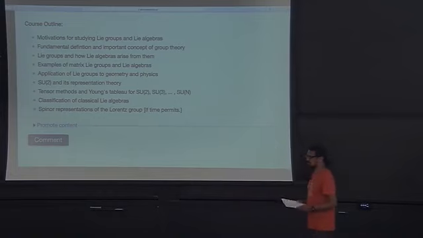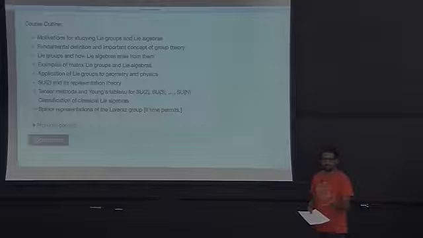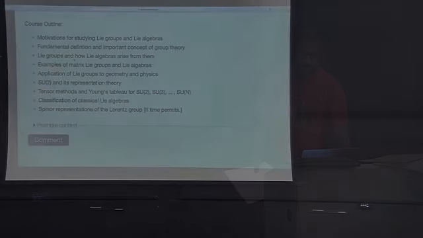In physics, we are not so much interested in the group itself, although we are if it's something new, the structure of the group itself, but its representation, because physical systems furnish representations of groups. So we will have to talk about representation theory. That'll be somewhere over here, and then how Lie groups and Lie algebras arise from them.